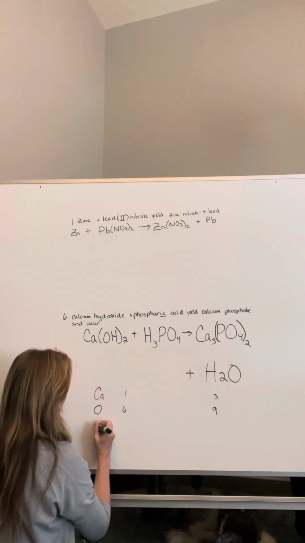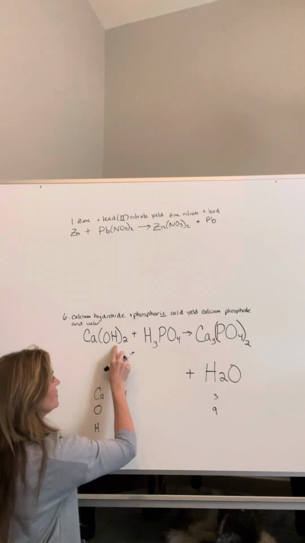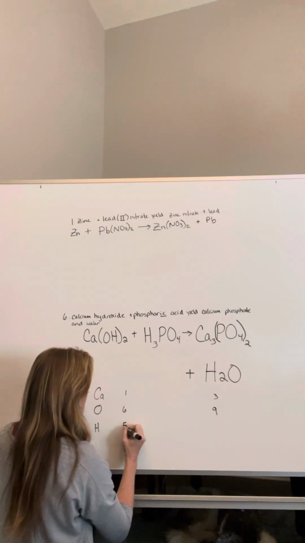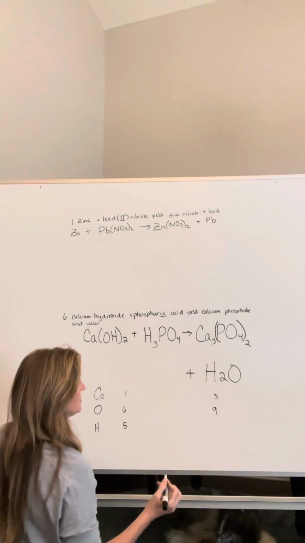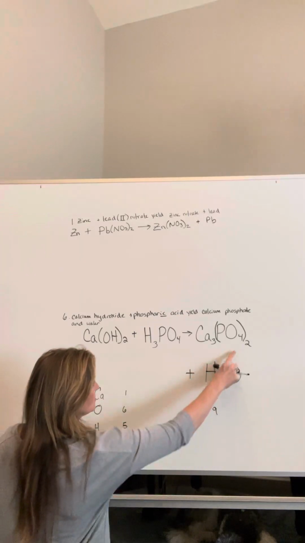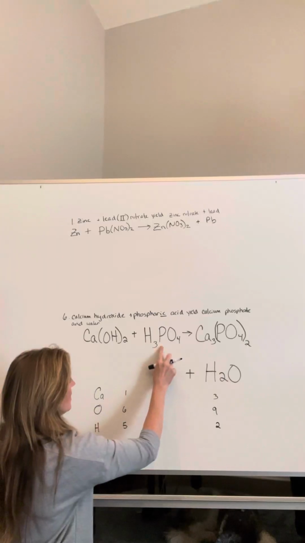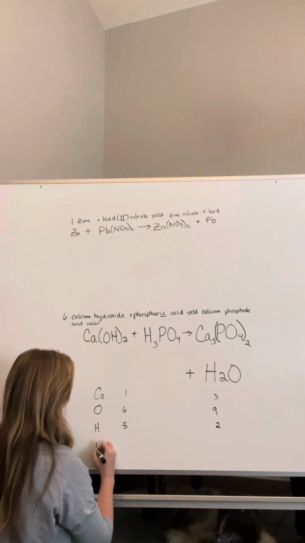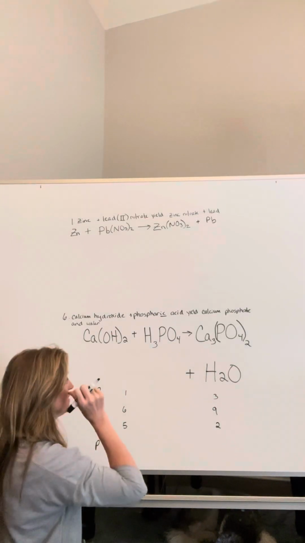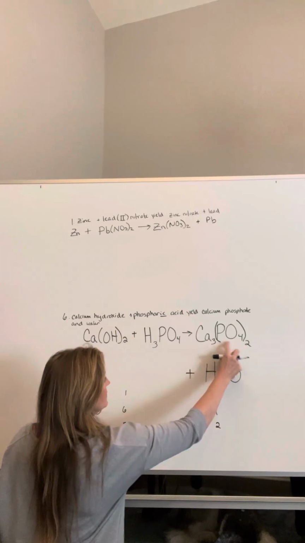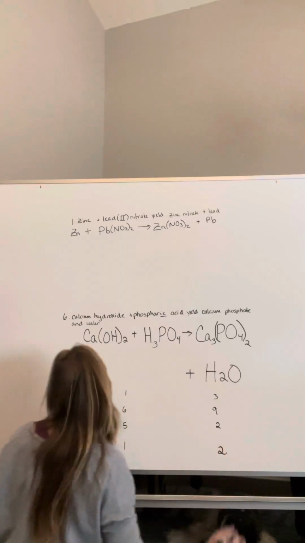And then I also have hydrogen. I've got 2 here plus 3 here is 5, and over here I only have 2. And then I also have phosphorus. I've got 1 phosphorus over here, and 2 phosphoruses over here.